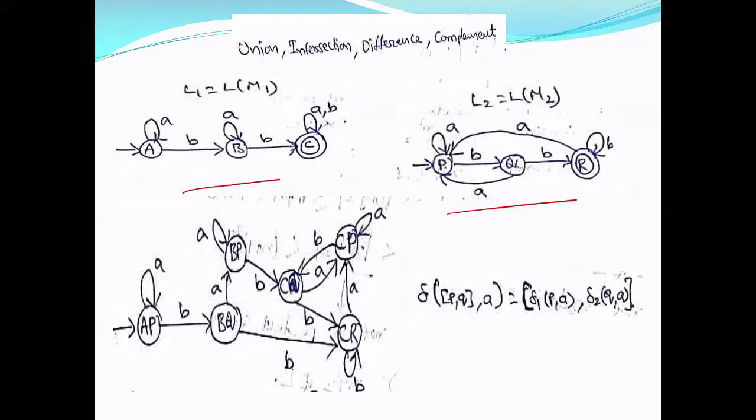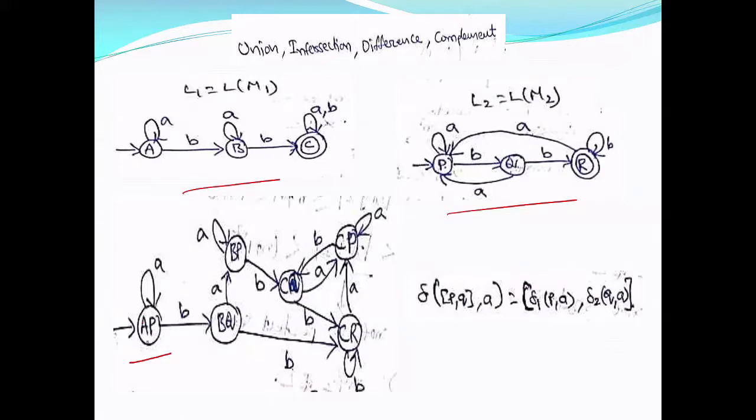Right? Now I am combining these two DFAs and making a new DFA. So I have two DFAs, M1 and M2. Now what I am doing is, in the combined DFA, we have states which will represent the pair of states from the two DFAs, M1 and M2.